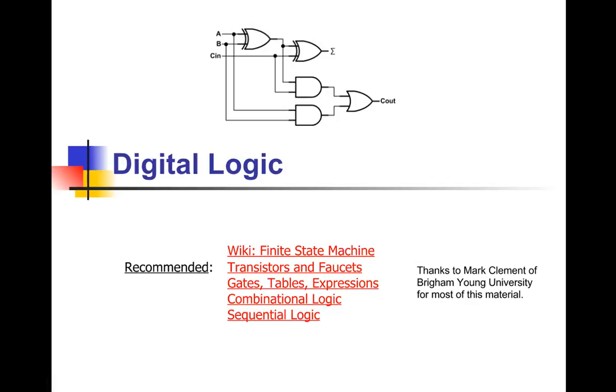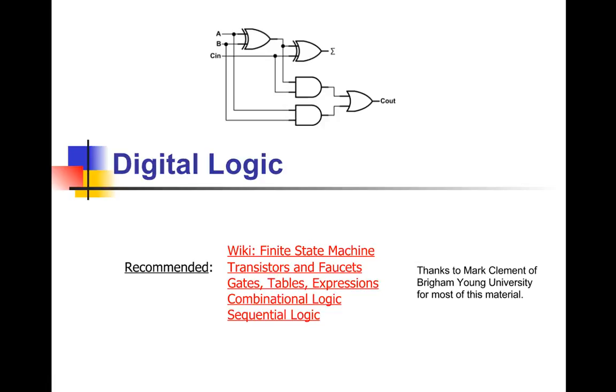The reason we're looking at digital logic is that you really need to understand how a computer works, and in order to do that you really need to understand digital logic, because these are digital devices. Another reason is you'll see circuits like this one up here in the documentation for the processors which you're trying to program in assembly language.